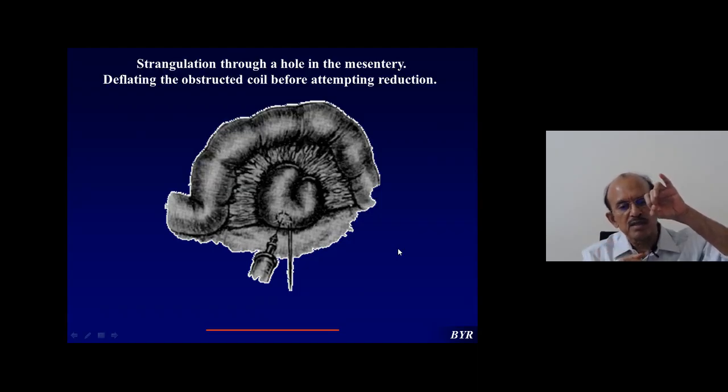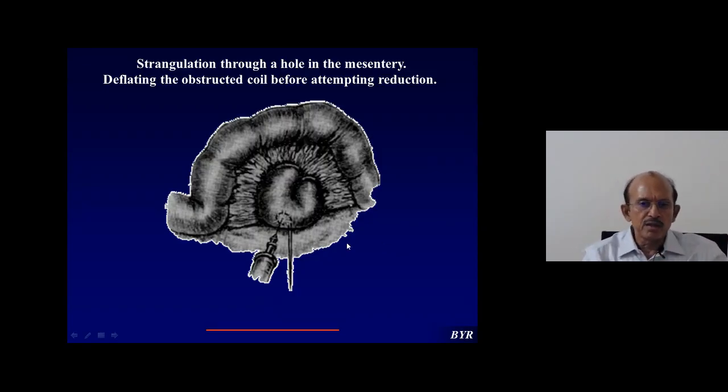So what you do is you open the lesser sac by lifting the greater curvature of the stomach. Open between the greater curvature of the stomach and the transverse colon. You cut the greater omentum there, detach it, and lift the stomach. Then you see all the large bowels there.